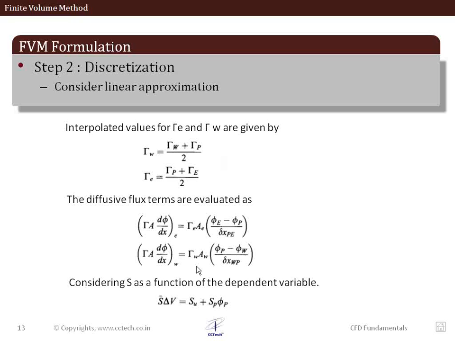Additionally, we have the source term, which is S bar, which is representing the value inside the cell P, multiplied by the volume of the control volume being analyzed, and it is being expressed in terms of SU plus SP phi P. You'll appreciate this when we have a look at the convection diffusion form, but this is the usual convention which is followed, so I'm just following the same.